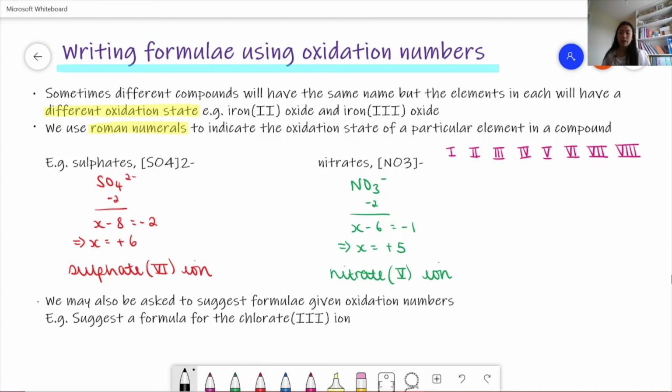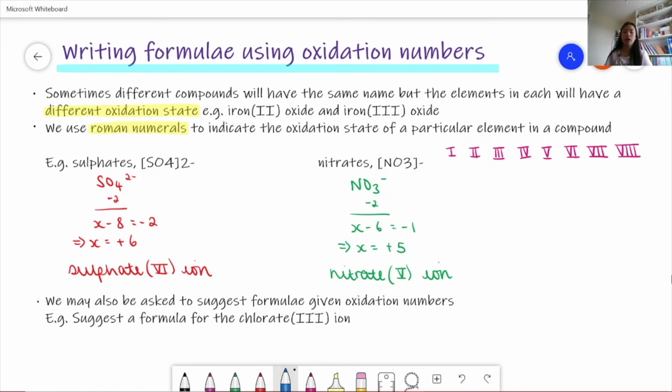We might also be asked to suggest formulae given oxidation numbers, so the other way around. So they could ask us, suggest a formula for the chlorate 3 ion. What we need to do first is we need to know what a chlorate is. A chlorate is chlorine and also oxygen.